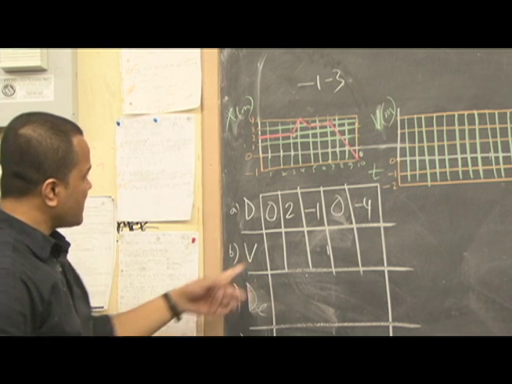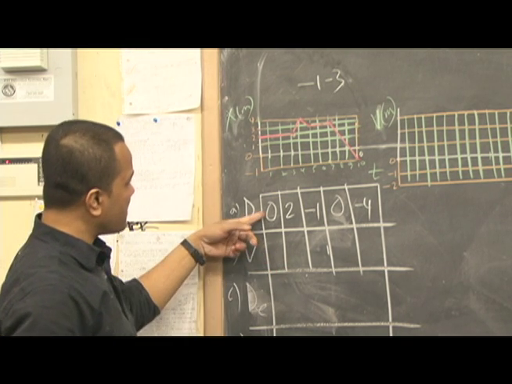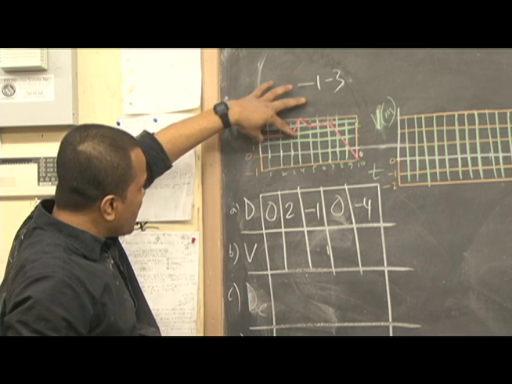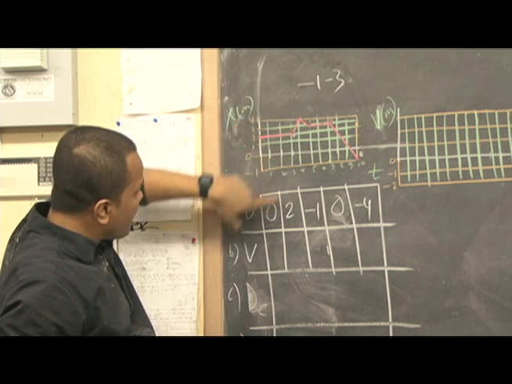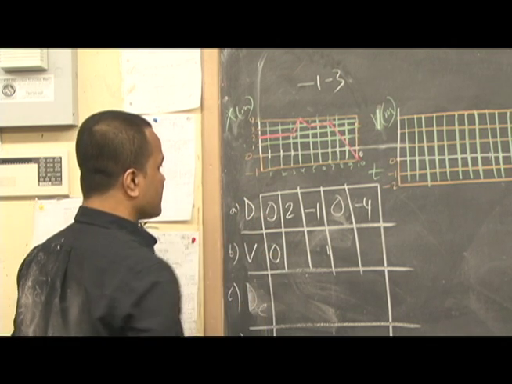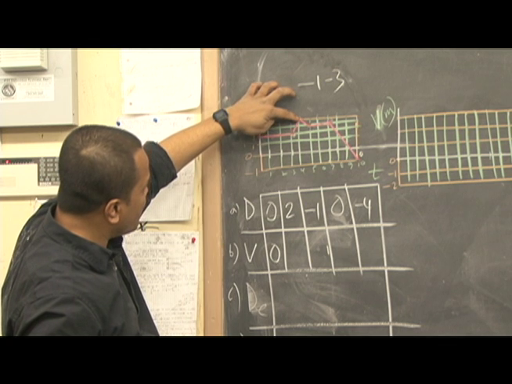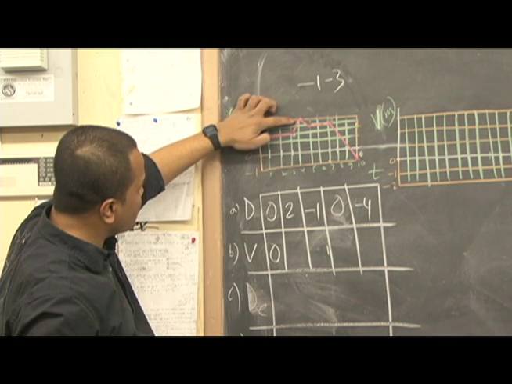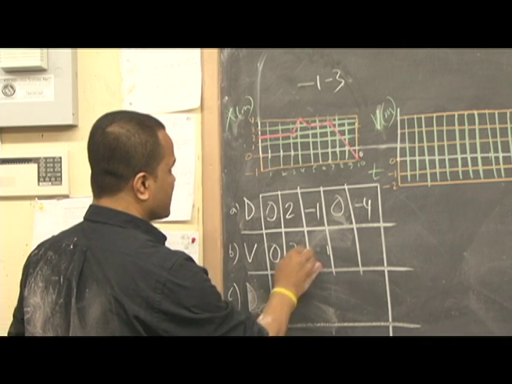Okay, so velocity is just displacement over change of time. So no matter what the change of time is, if the displacement is 0, velocity is 0. What about this one? 4 minus 3 is 1, 2 divided by 1 is 2.